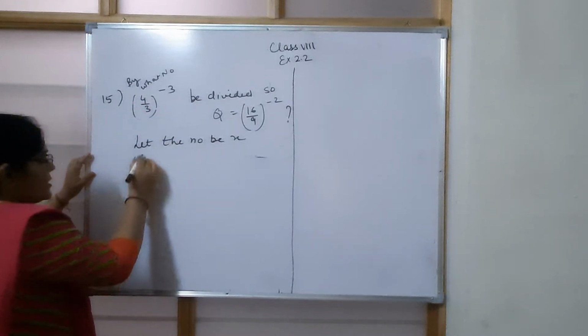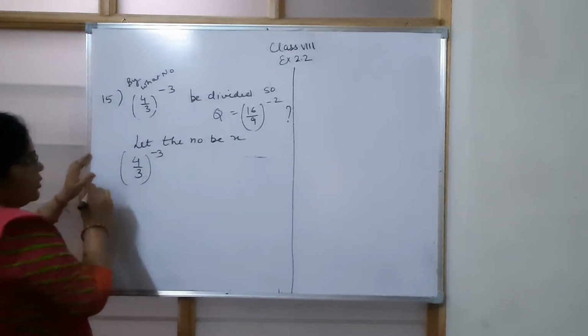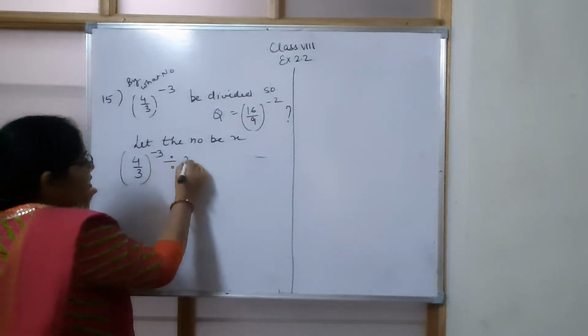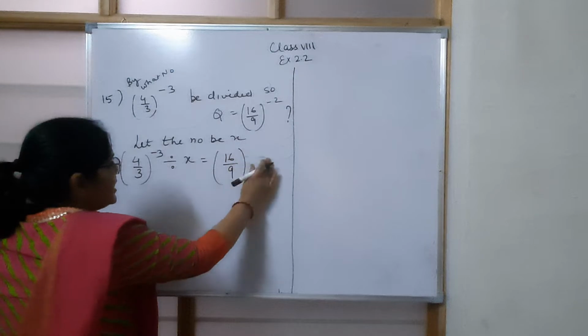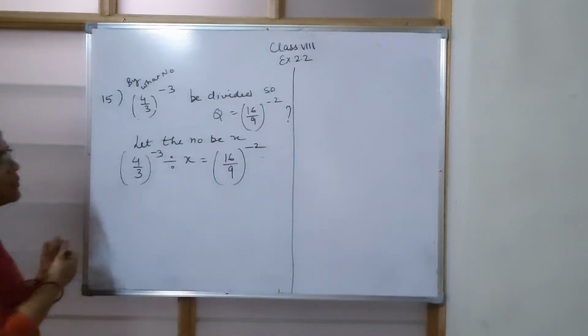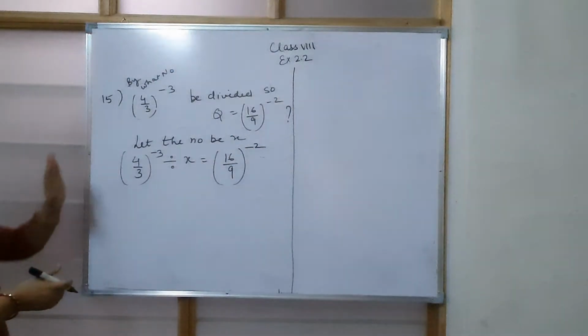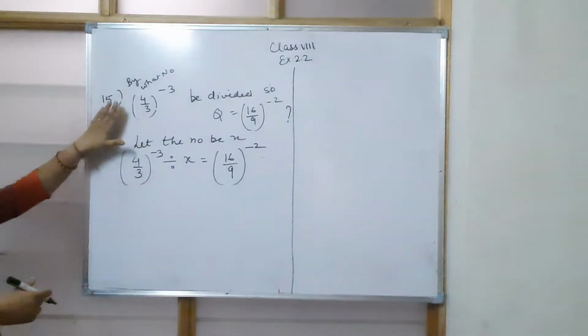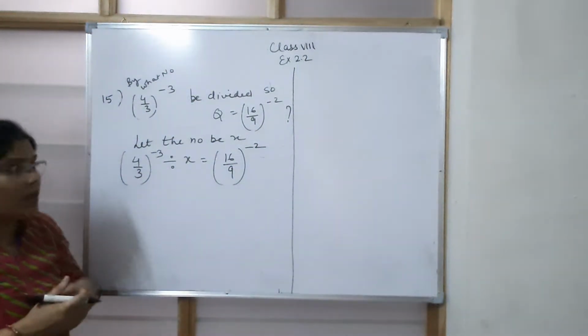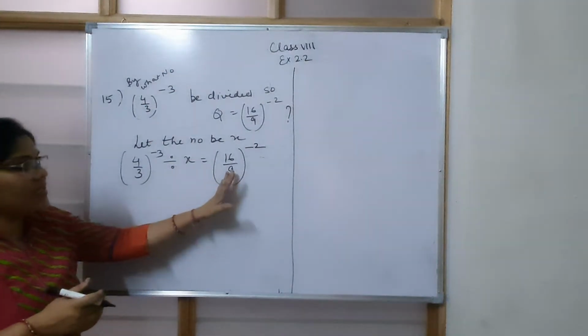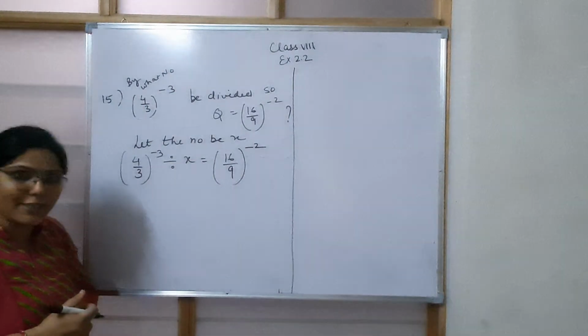So just look here, this is the number, we are going to divide it with x so that the quotient would be (16/9)^-2. This is the number given to us. We need to divide it with a certain number. That certain number we have assumed x. So that the quotient should be (16/9)^-2.